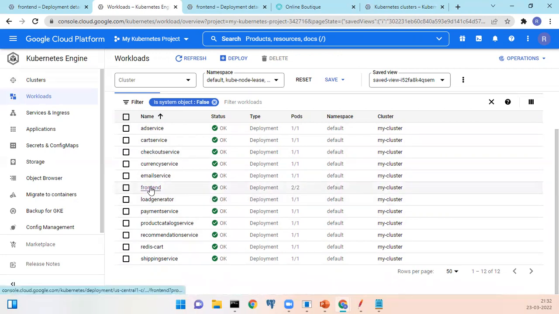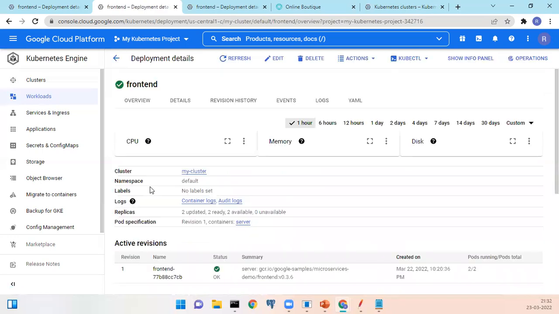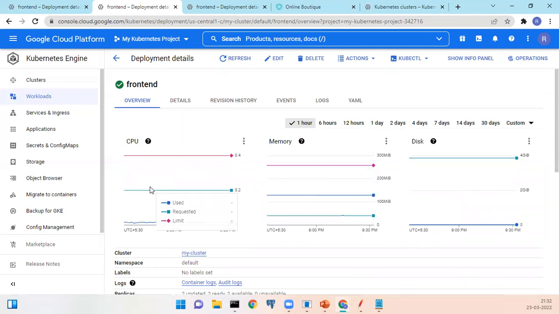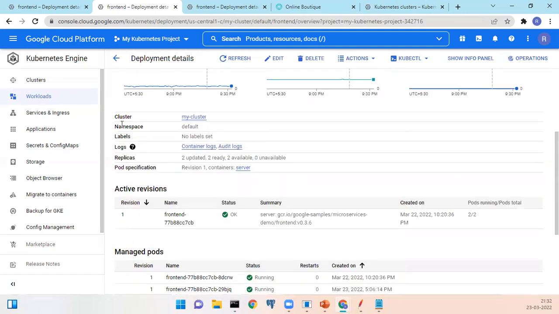If we get into the details of the workload, we can view the details of any other workload for that matter. Now we can see the front end workload in a little more detail. Here, the name of the cluster on which this workload is configured is my cluster, and the namespace is default. We don't have any labels for this, and these are the replicas.